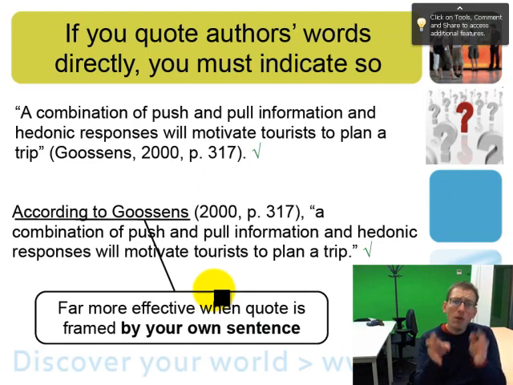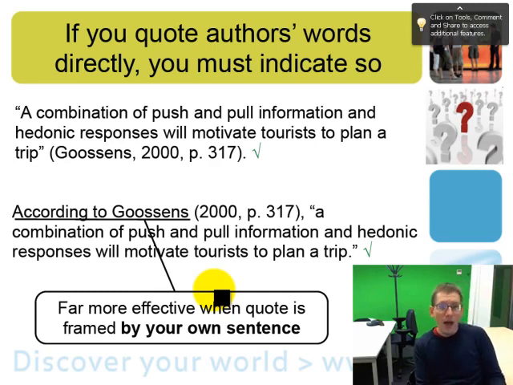Now, what if you do actually want to use someone else's words? You want to copy the way that someone else said something. Well, first of all, you can't do that for whole paragraphs, okay? It's your words, it's your ideas, it's your writing that the reader is really interested in.